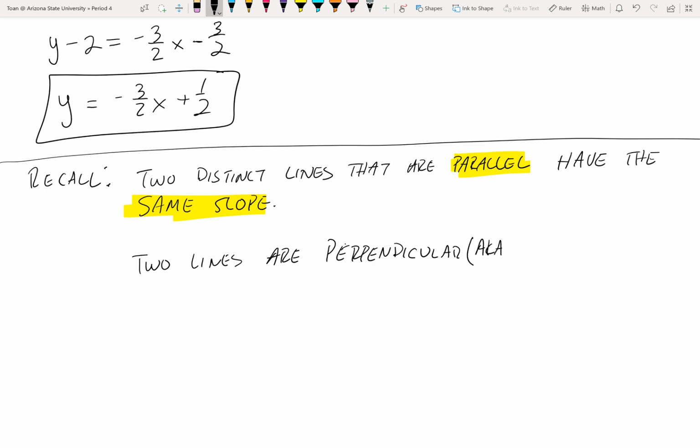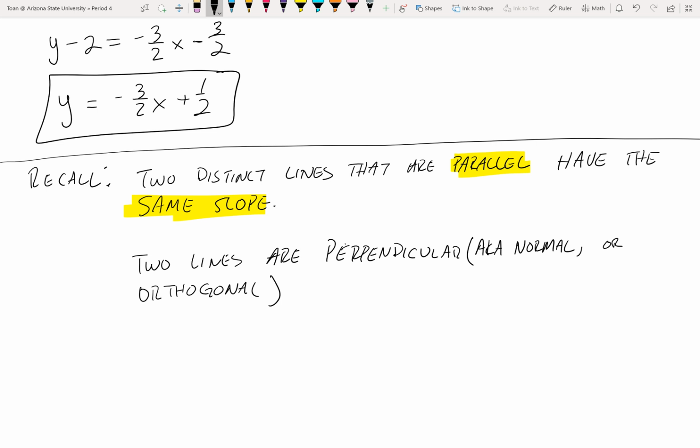AKA, the following two words are equivalent to perpendicular. They may use the word normal. So if your line is normal, that means you're perpendicular. Or here's a $5 word: orthogonal. All three of those terms mean the same thing. Perpendicular, normal, orthogonal. They just mean they cross at 90 degrees.